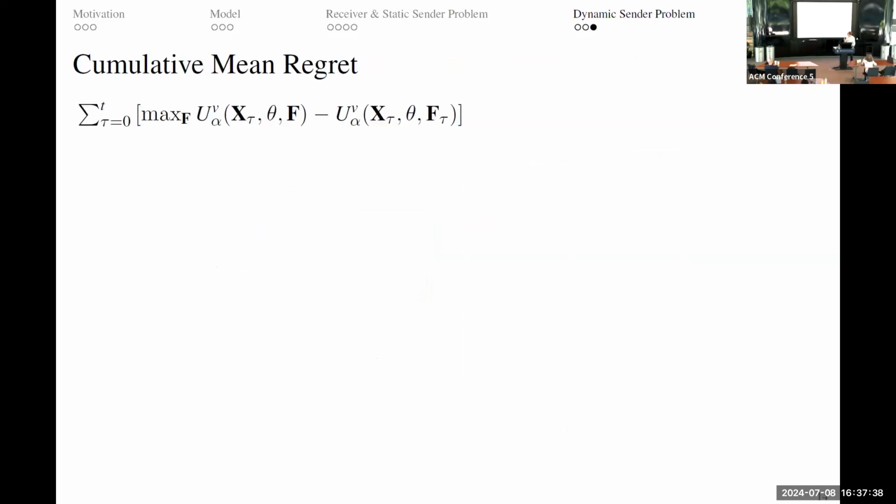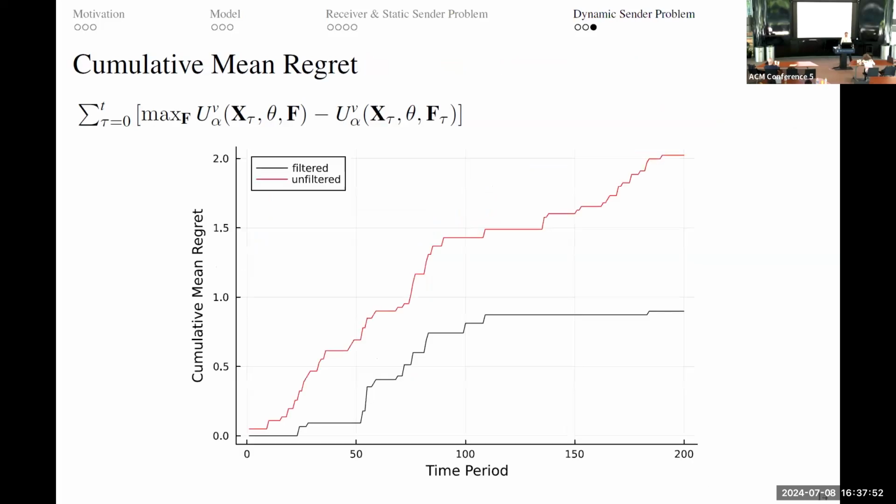What we actually care about, though, is the algorithm's performance. And one standard way to look at this, which I won't have to explain to you, is cumulative mean regret, which is essentially the welfare loss relative to the first best in which the sender would know the receiver type. And that's the counterfactual against which we're comparing.